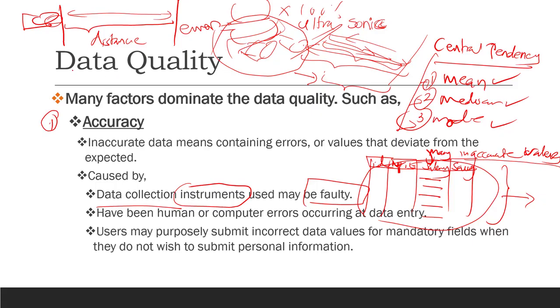Rather than getting the distance from one ultrasonic sensor, maybe you use 2 or 3 ultrasonic sensors at the same level, the same distance level. You get the readings from these two, then you take the average value.